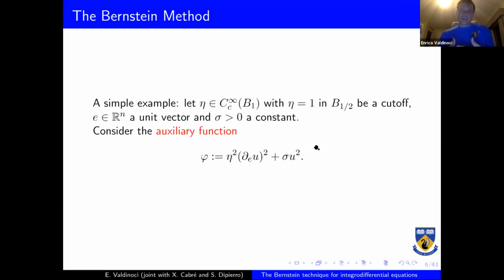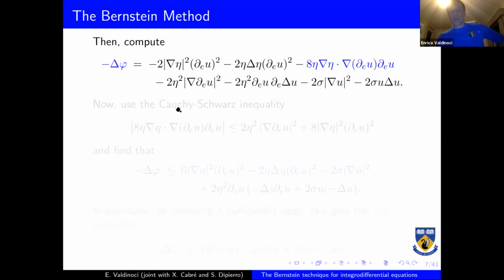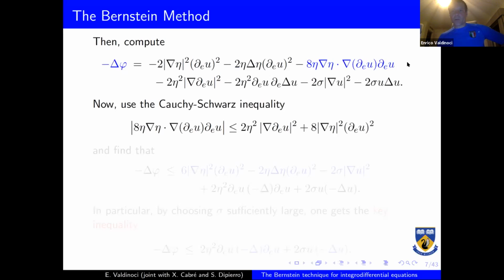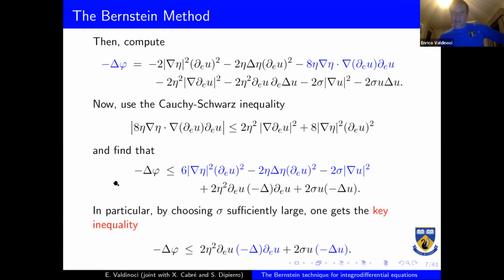And of course, this is a bit of an art to choose the right auxiliary function, but the clever idea out of this choice is that you can compute the Laplacian of this auxiliary function and use the Cauchy inequality to reabsorb a term of which you don't have control of the sign, and then choosing sigma sufficiently large, you can somehow kill the terms that have possibly the wrong sign and obtain what I will call a key inequality that says, for this specific case, that the Laplacian of the auxiliary function is less than some quantity, but this quantity turns out, for instance, to be 0 when the function is harmonic.